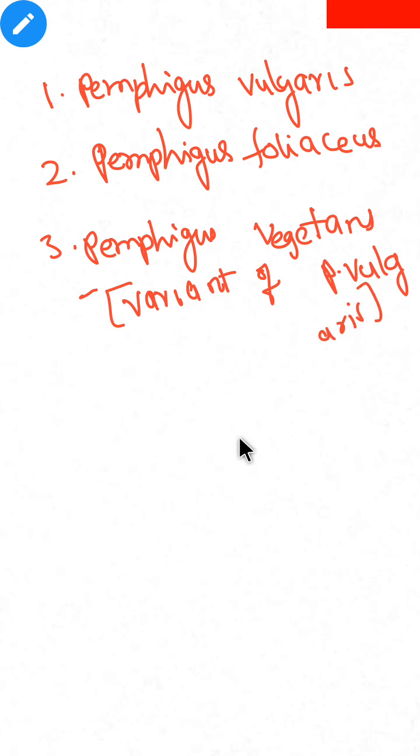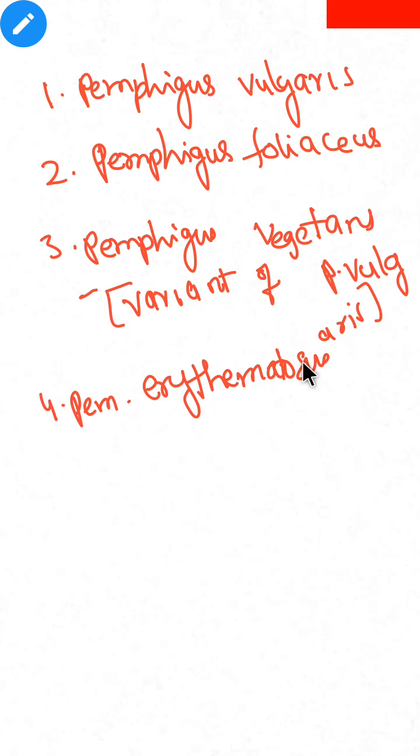Fourth type is pemphigus erythematosus. Pemphigus erythematosus is a variant of pemphigus foliaceus. Okay, it is a variant of pemphigus foliaceus.